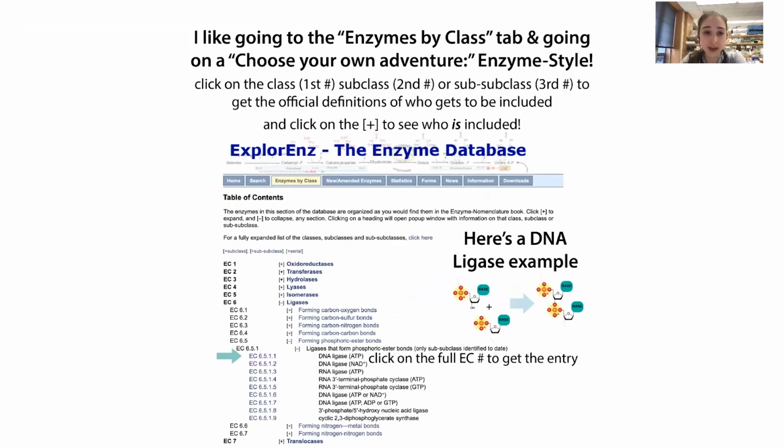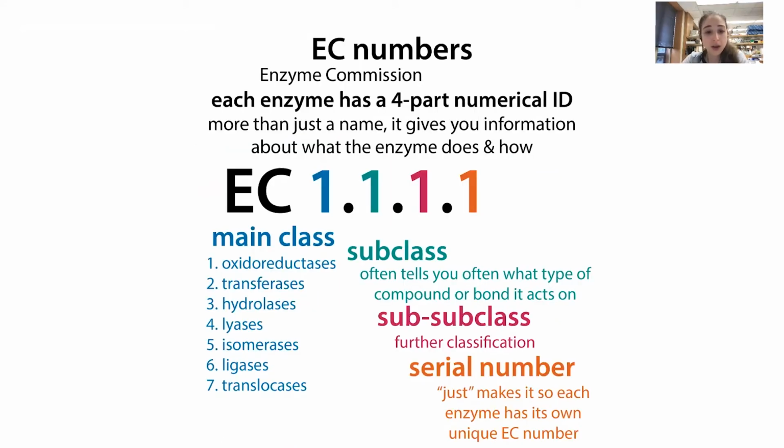Today, we're going to talk about how we can look it up in this ExplorEnz database. Typically, if you Google an enzyme, there are various ways that it'll show its EC number. Sometimes these EC numbers will be linked to different databases. And so you might get linked to a Brenda database or something like that. Those databases are not the official database.